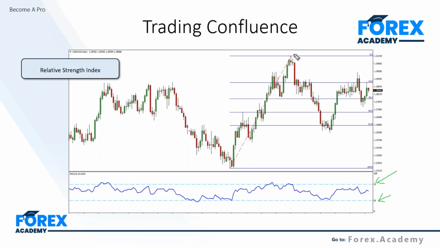Okay, so what we can see, of course, is as the market trades up, we have a high here, and that is, of course, well documented on our RSI. Okay, this level is overbought, but let's say we're not privy to this price. Then as this market trades down and creates a new low here, we have a couple of signals. We have the RSI effectively trading in the same manner from high to low.